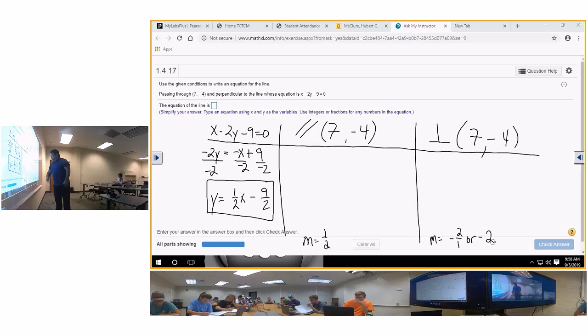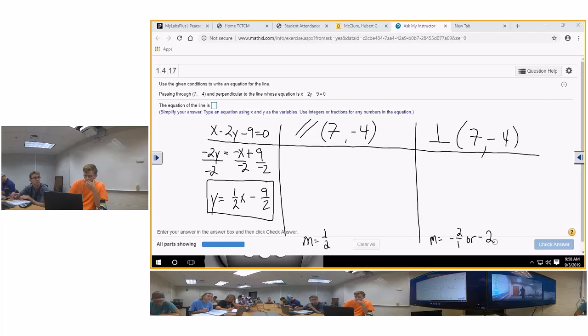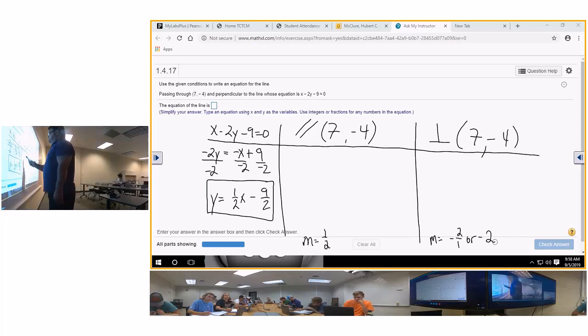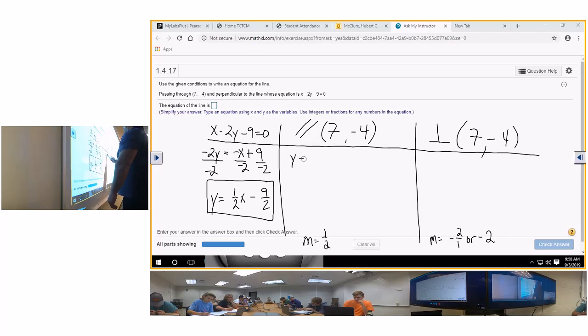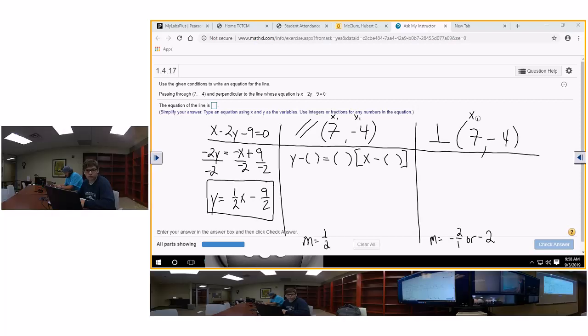So now I use my point slope equation: y minus parentheses equals parentheses times x minus parentheses. This is x sub 1, this is y sub 1. I did it this way.